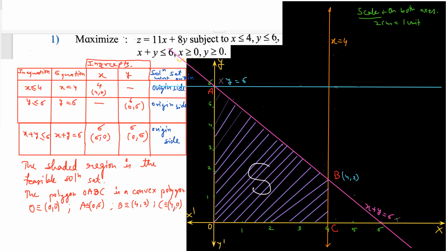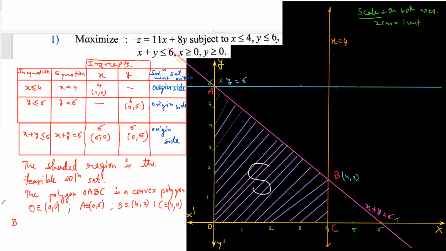Now remember, students, after this you are going to write one very important statement, known as the corner point theorem.